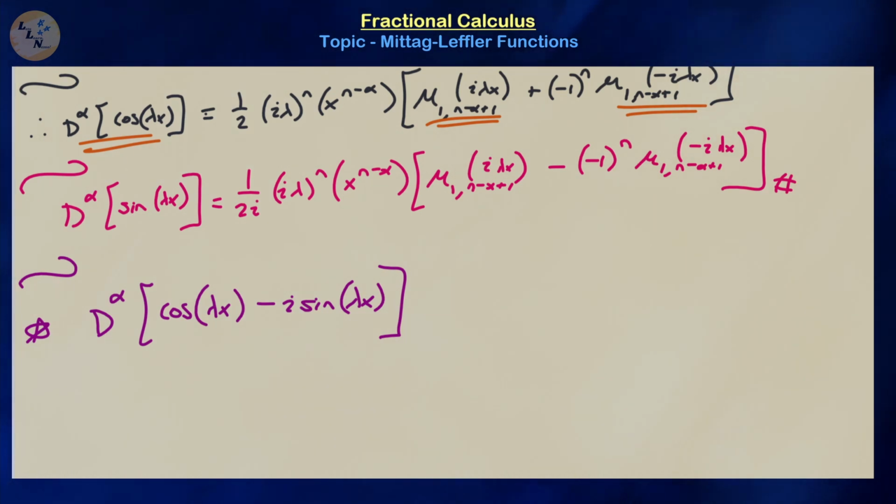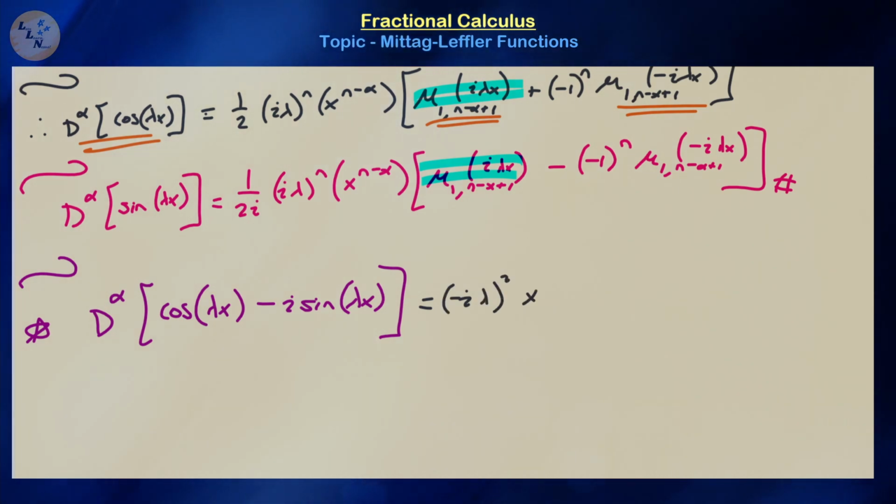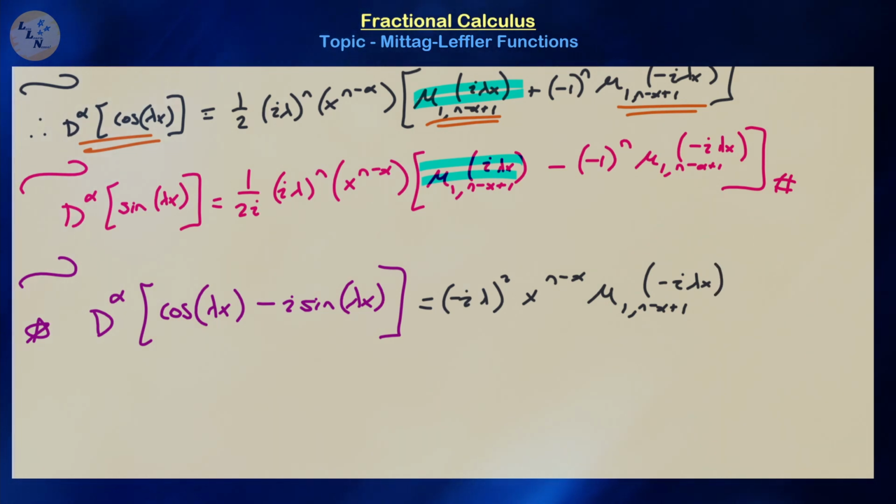Actually, it's much easier because notice we do have some repetition in both of these expressions, right? So if you focus on these two things, what are you going to get? So you will get minus i lambda to the power of m times x to the m minus alpha times Mittag-Leffler 1, m minus alpha plus 1 of minus i lambda x. It's actually a very simple function.